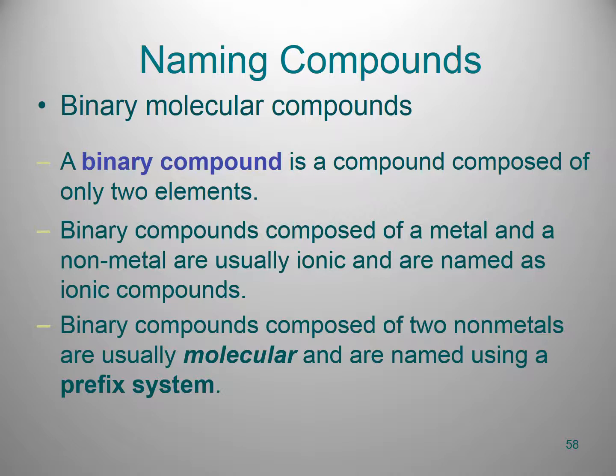So an example that you are very familiar with is the compound made up of carbon and oxygen. Carbon and oxygen can actually form in different ratios. So you can have CO, which is carbon monoxide, or you can have CO2, which is carbon dioxide. And so you need a way to indicate how many there are in a molecular compound because they can form different ratios. So that's why we have 2 different systems.